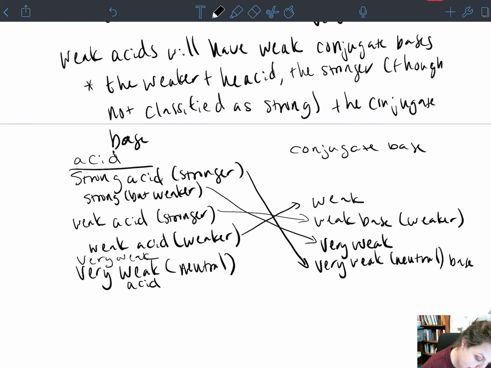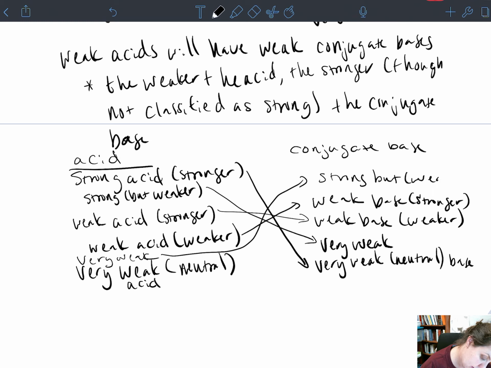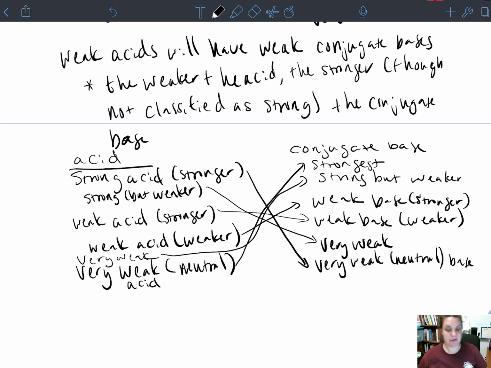A weaker weak base will give a weak base that is stronger. So the conjugates will be the inverse of the starting material.